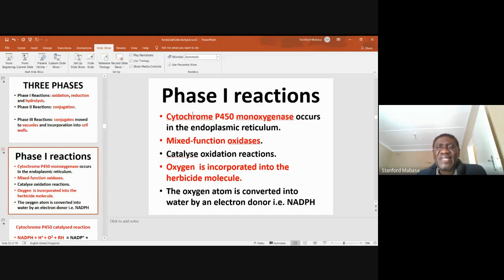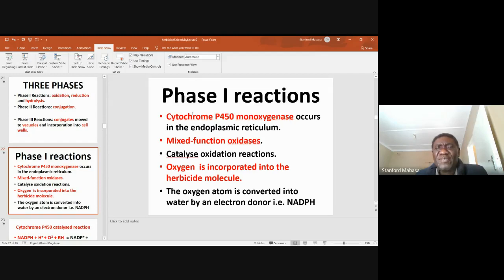Remember, I showed you a cell in the beginning where you can find this smooth ER or rough ER, ER representing the endoplasmic reticulum.